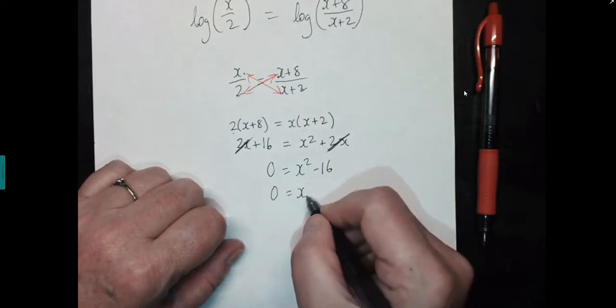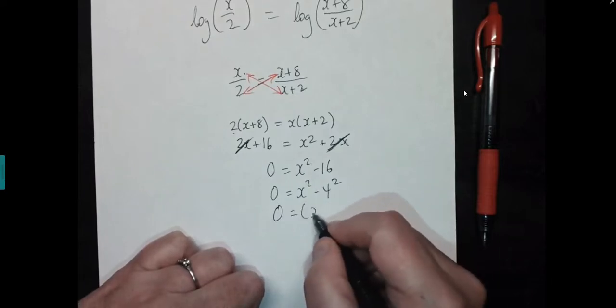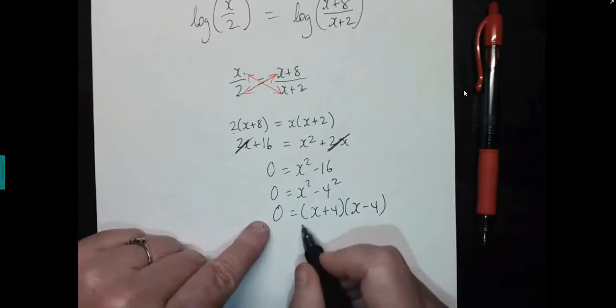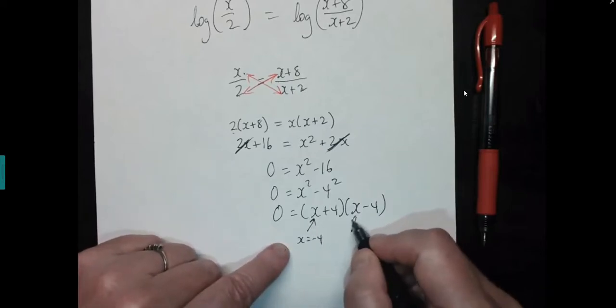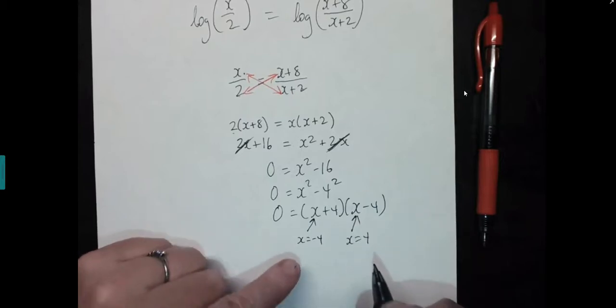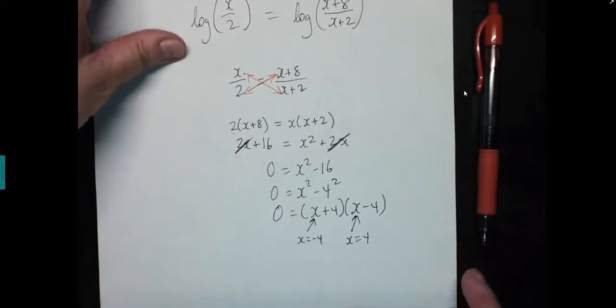But this is a difference of squares. And when you have a difference of squares, it will factor. So I can see that one solution is x equals -4, and another possible solution is x equals 4. Now I have to go back into the original equation and see if either one of them work.